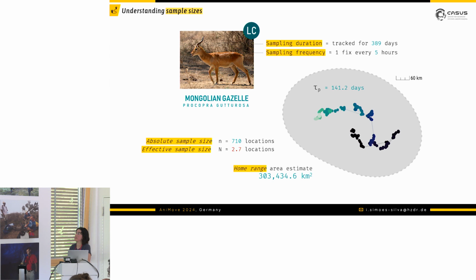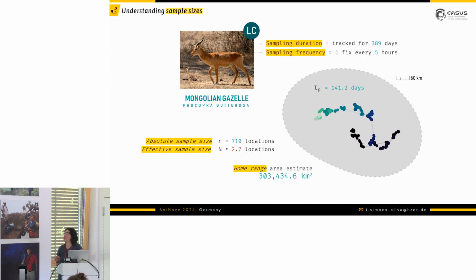So it's very important to consider effective sample size and be aware of it once you're running your data with this method. Because in this case, with an effective sample size of 2.7, it's getting to the point where maybe there are some mitigation measures that we need to apply to fix it a little bit.